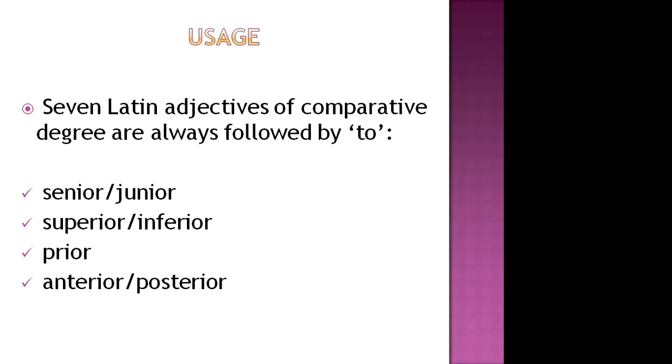There are 7 Latin adjectives of comparative degree that are always followed by to. He is senior to me. I am junior to him. This rice is superior to the one kept in that jar.